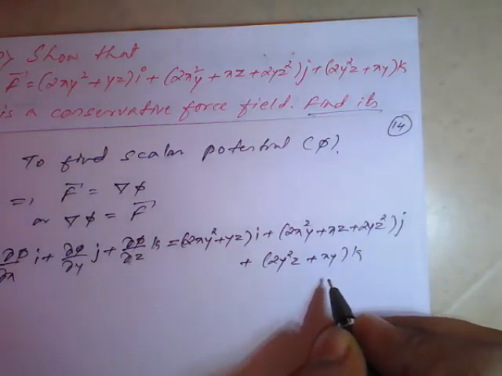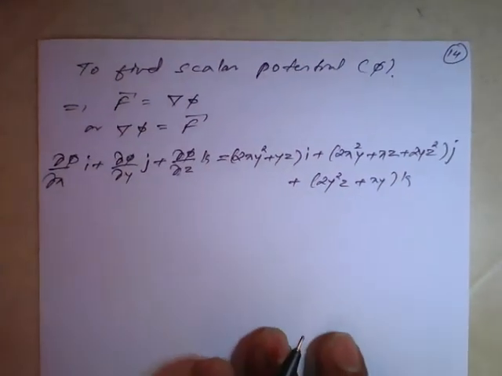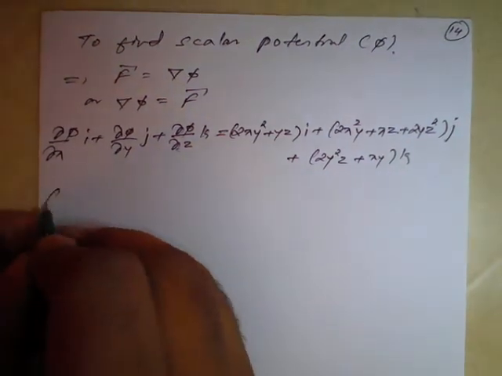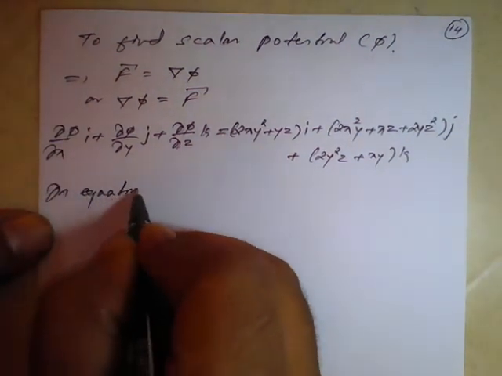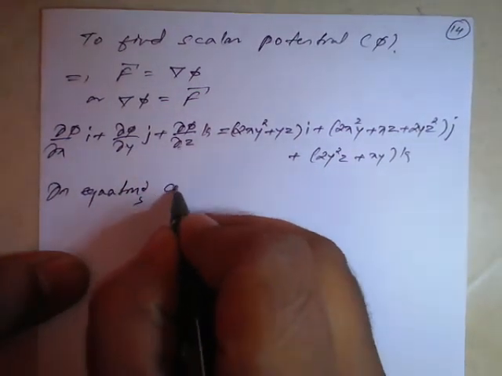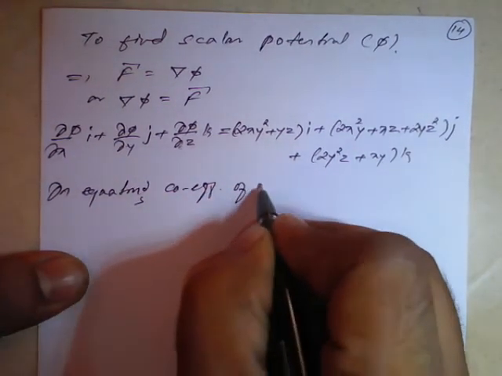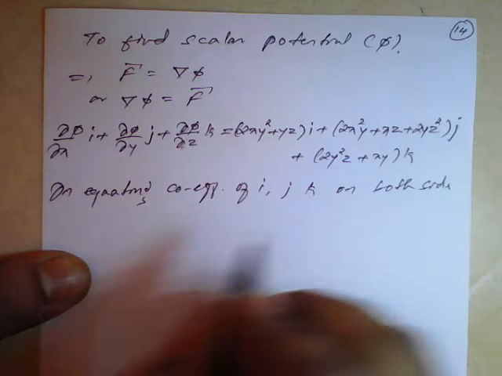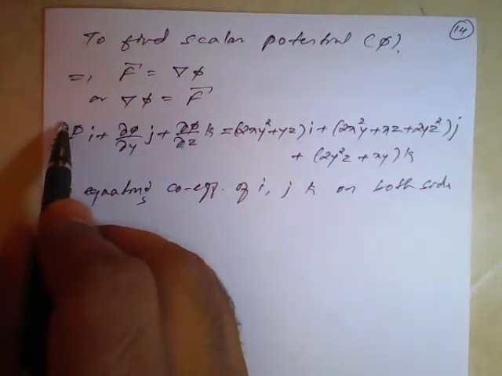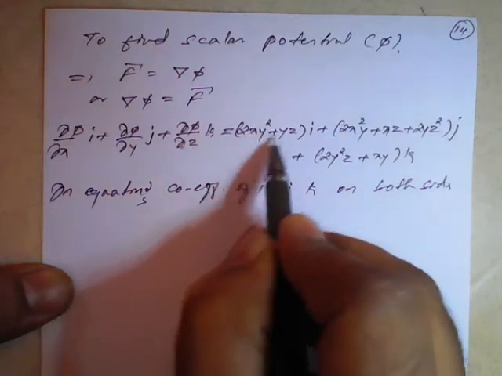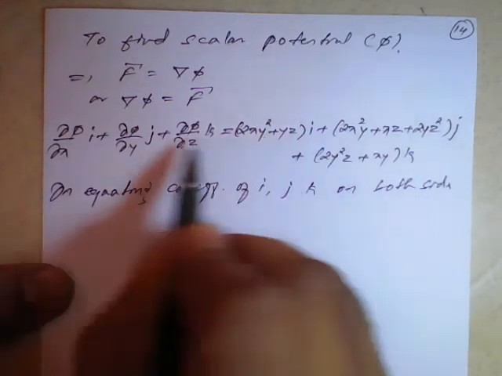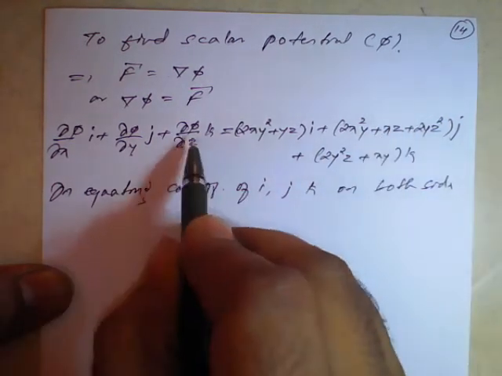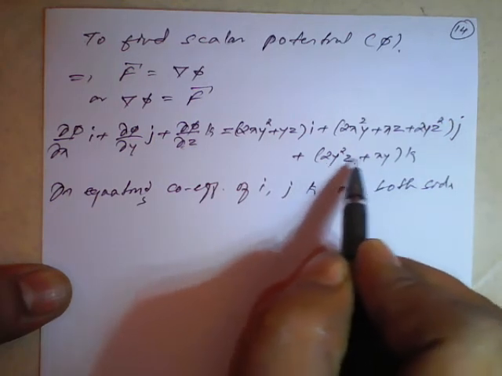So now, on equating the coefficients of i, j, k on both sides, what happens here? ∂φ/∂x we equate with the coefficient of i, the first bracket. ∂φ/∂y we equate with the coefficient of j, and ∂φ/∂z with the coefficient of k.